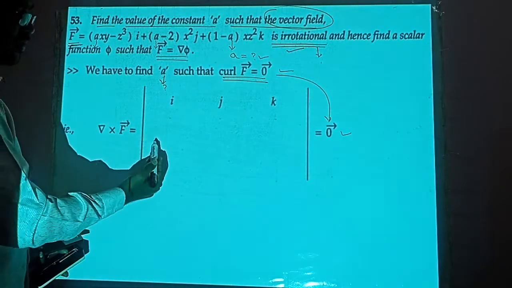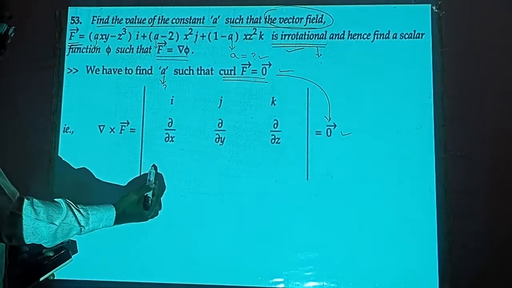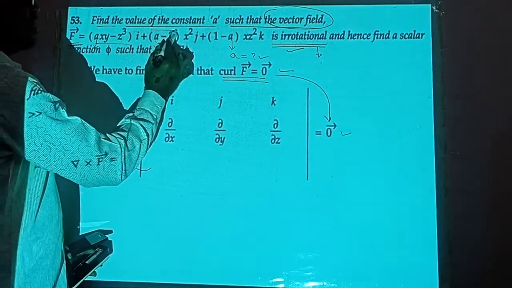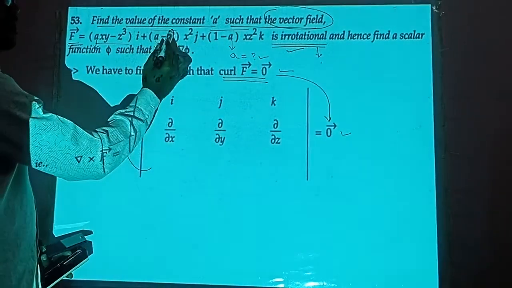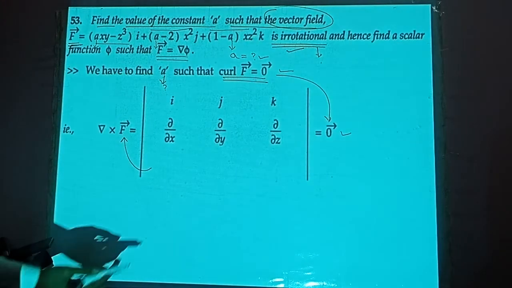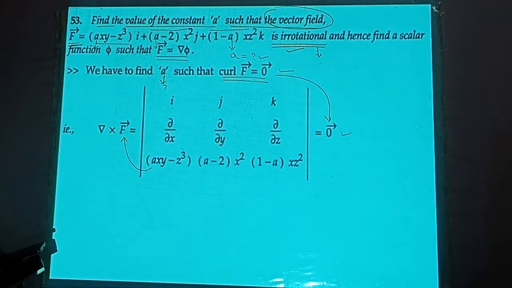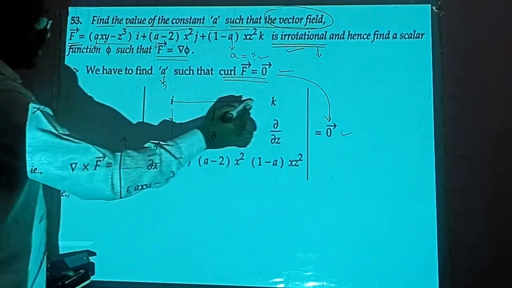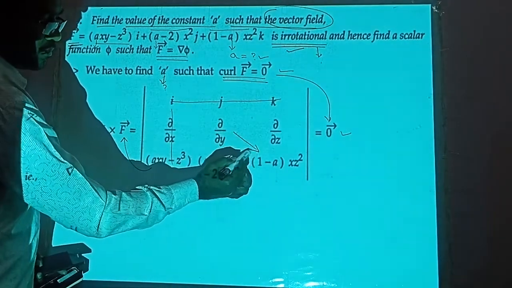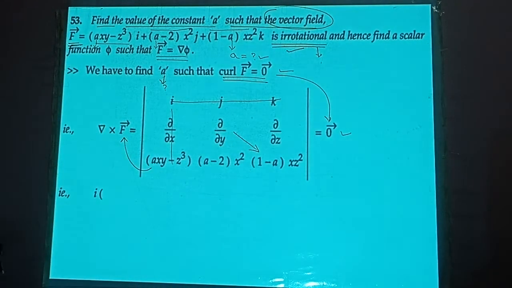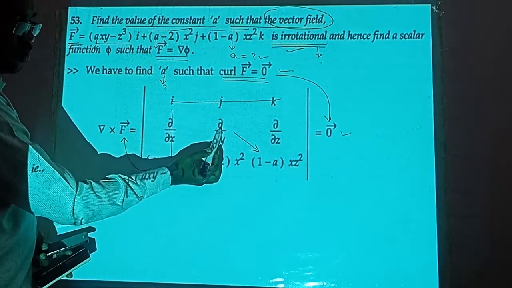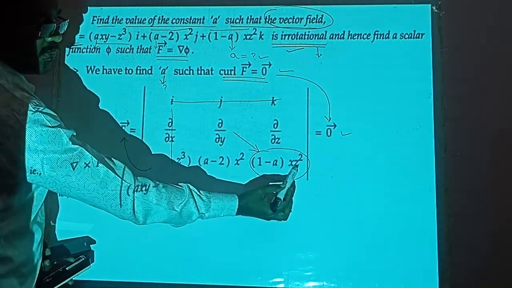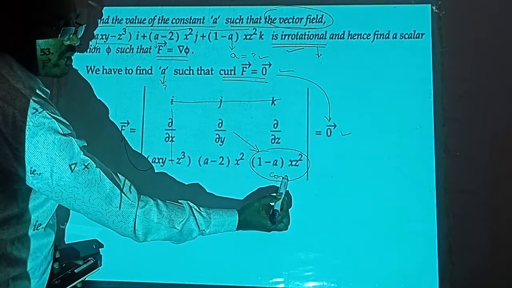First row is ijk, second row is partial derivatives, third row is the coefficient of F. See here. These are the coefficients of ijk we have taken here. Now let us simplify. I into, neglect this and neglect this, cross multiply. If you cross multiply, dou by dou y of this function, since this function is completely independent of y, this is a constant.